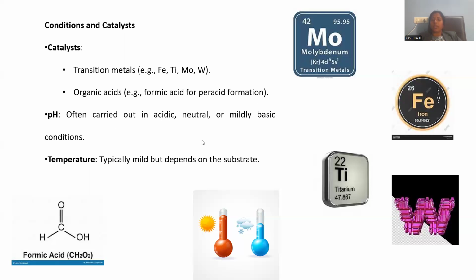Neutral is also okay. Strong basic conditions are not at all preferable. Rather, mild basic conditions are also acceptable for this kind of oxidation process, and the temperature must be a moderate one. Lower temperature is the most important in order to carry out these oxidation reactions.